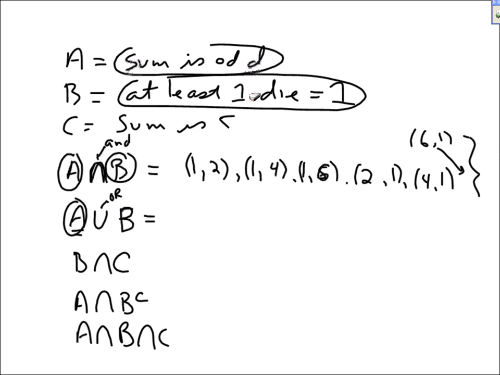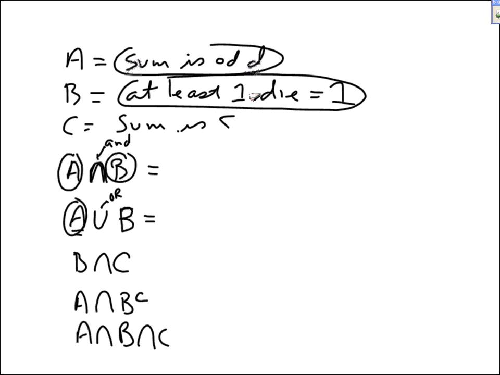So let us try this third one. B and C. Well, in words, now, just for the record, if on the exam or on a homework problem it just says describe, you should say at least one die is a 1.